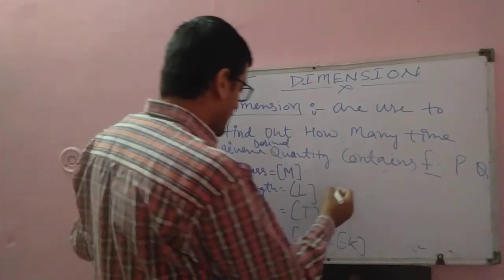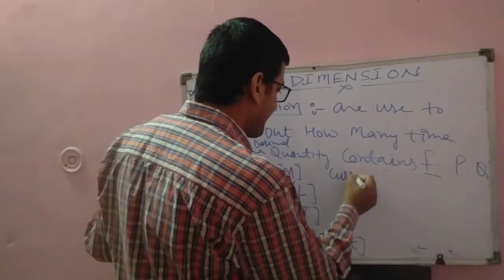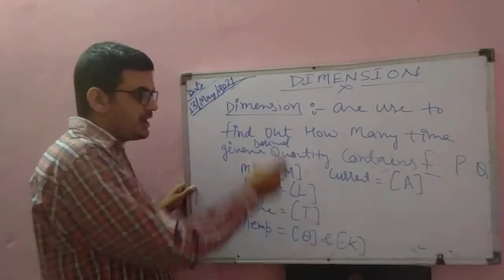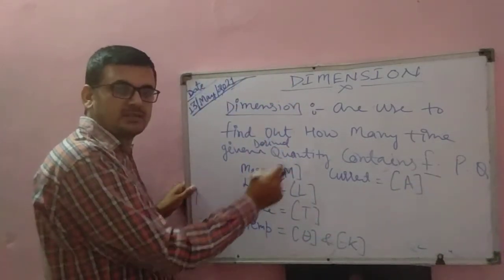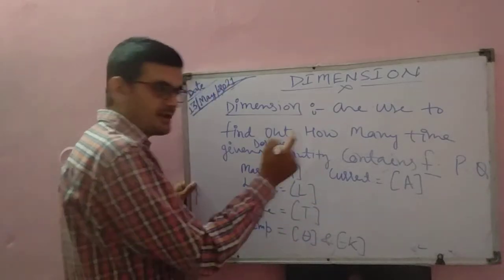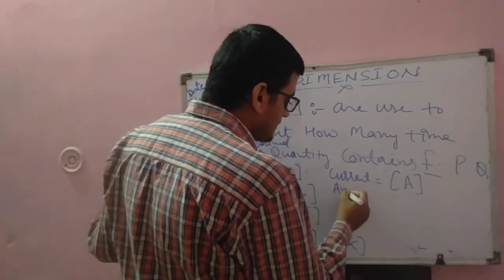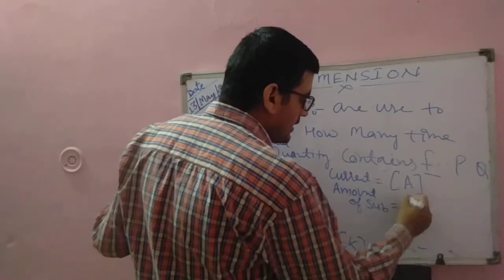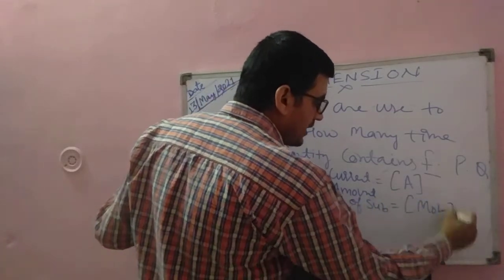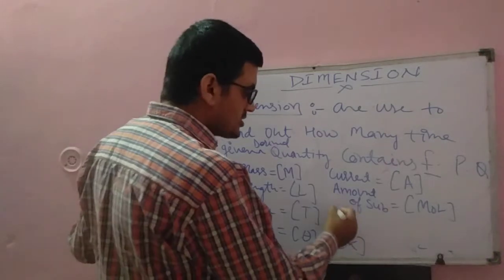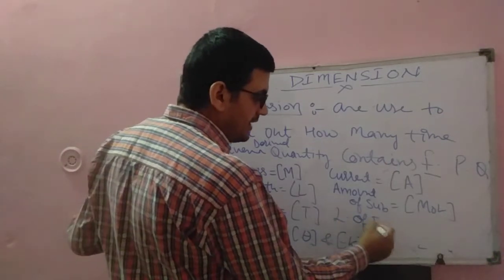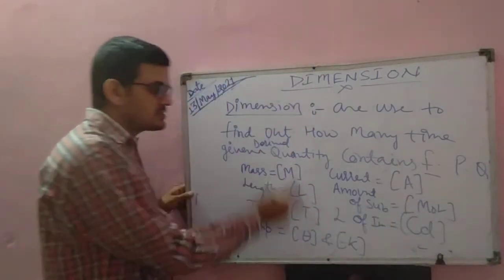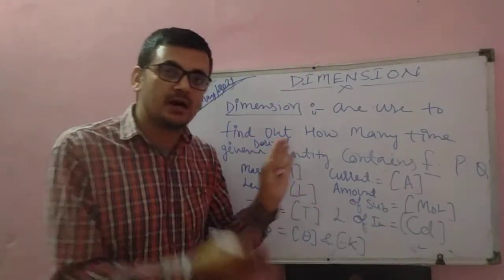And current is represented by capital A in brackets. All the dimensions are written inside brackets. Amount of substance is mol, and luminous intensity is cd. These are all the symbols used to represent the SI units.